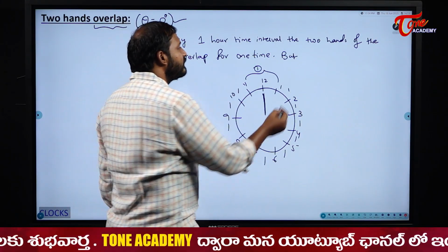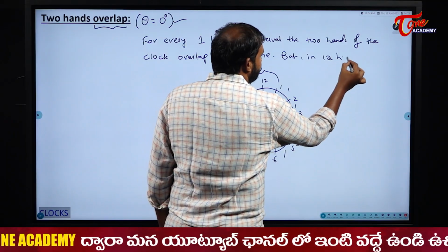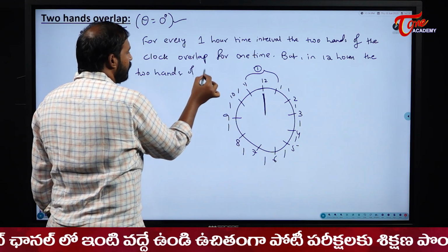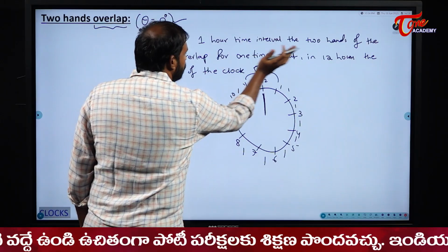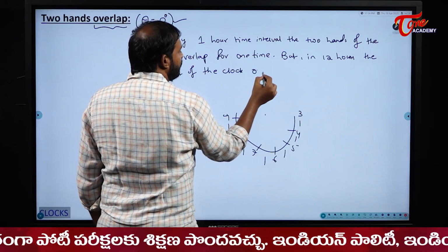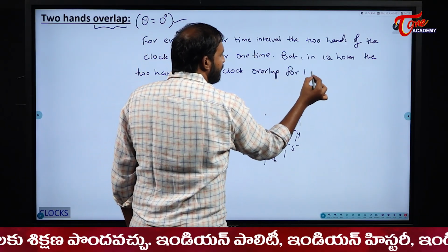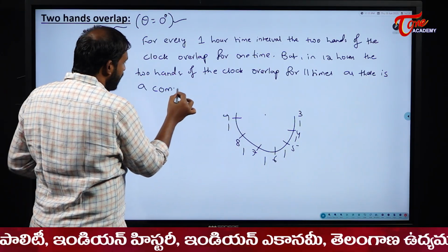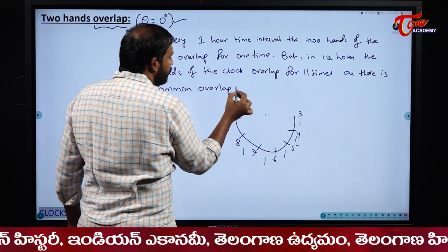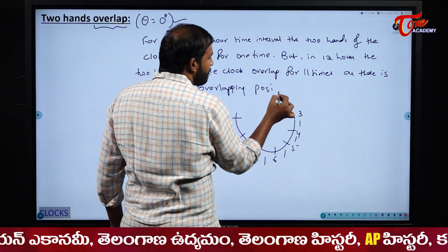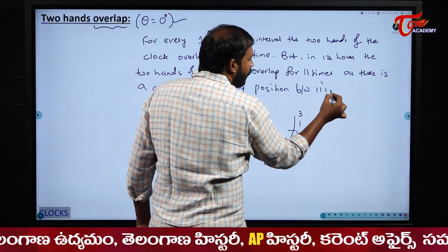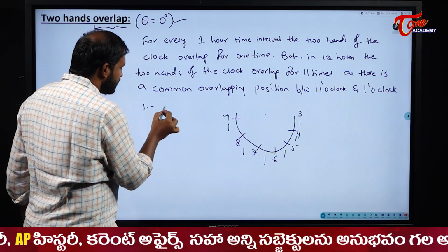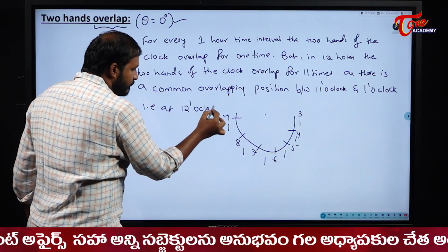Therefore, in 12 hours, the two hands of the clock overlap 11 times, as there is a common overlapping position between 11 o'clock and 1 o'clock, that is at 12 o'clock.